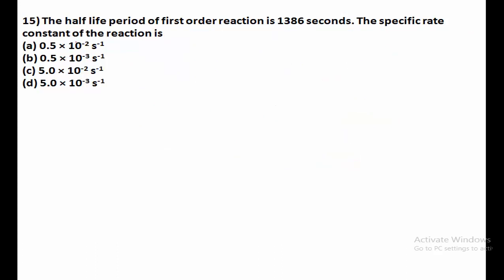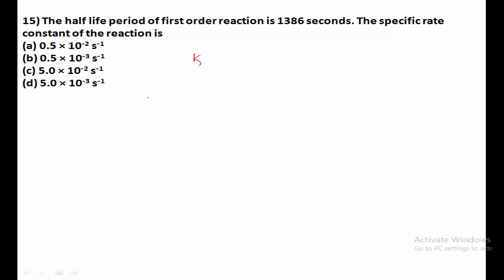Next, the 15th one. The half-life period of a first order reaction is 1386 seconds. The specific rate constant of the reaction is... Specific rate constant and rate constant are both the same, which is denoted as k.